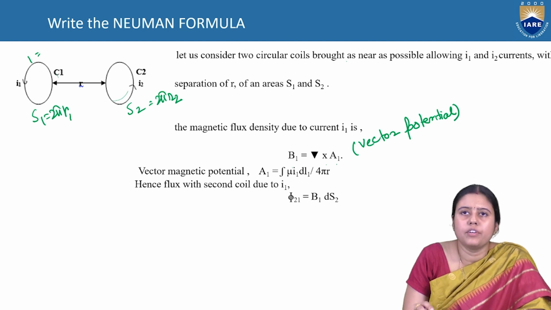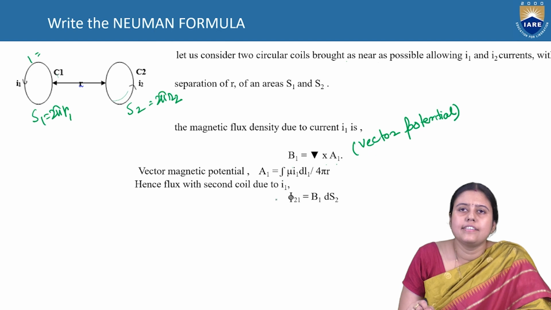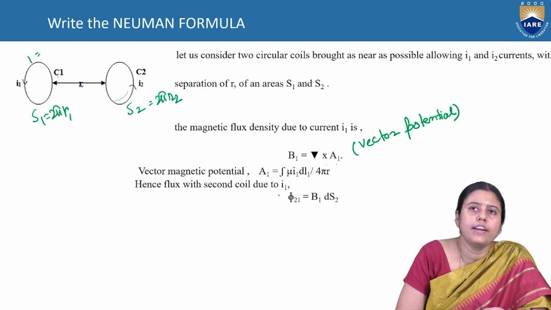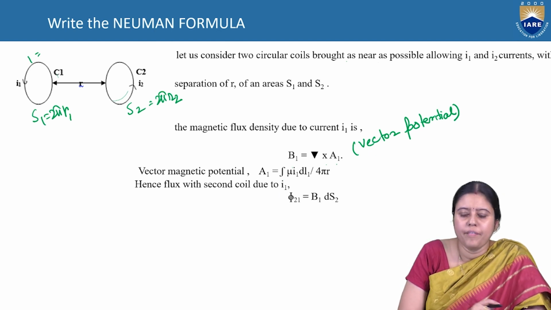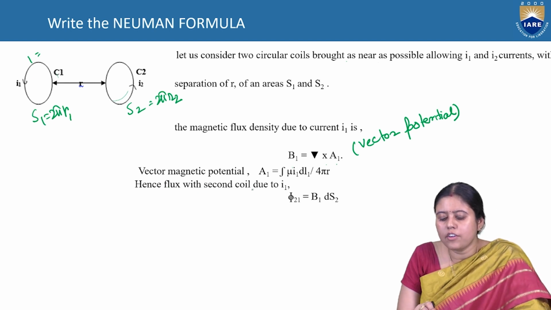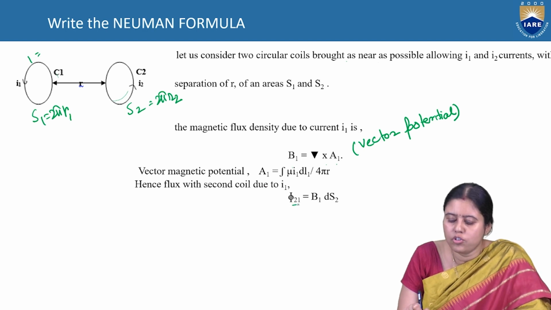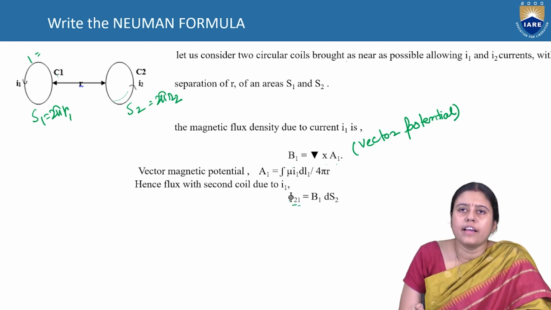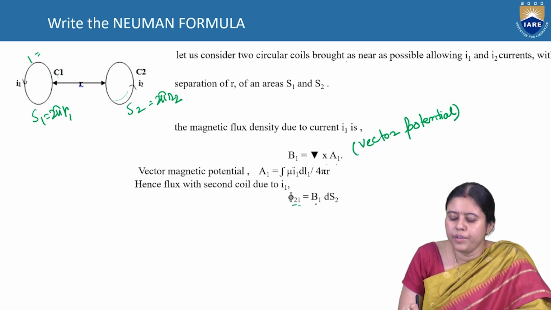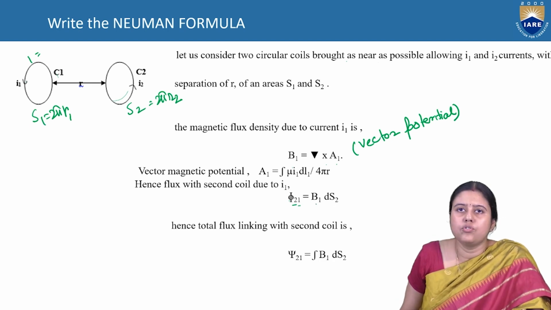So what is the value of A1? A1 is the integration of mu I1 dl by 4 pi r. Hence the flux in the second coil due to I1, phi 21, the flux of the second coil due to 1, is equal to B1 into ds2.